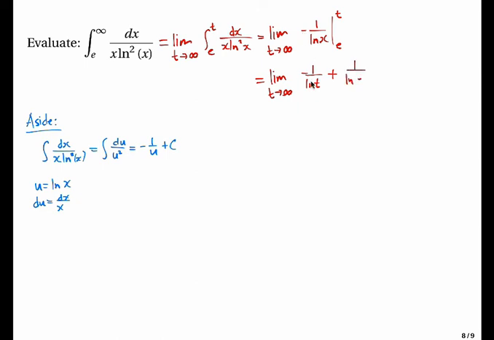And as t goes to plus infinity, 1 over ln of t will go to 0, because ln of t will go to plus infinity. And 1 over ln of e, but ln of e is just 1. So this is the answer here, and therefore, the improper integral is convergent.